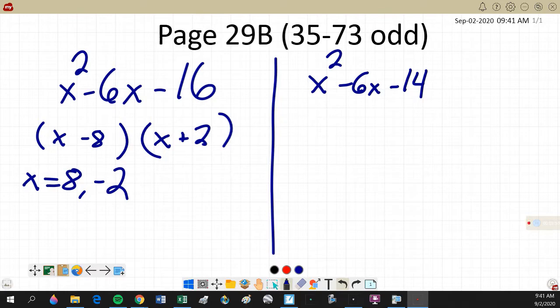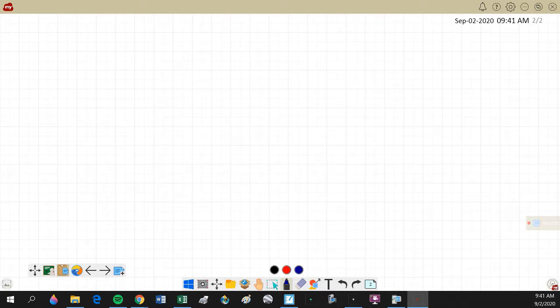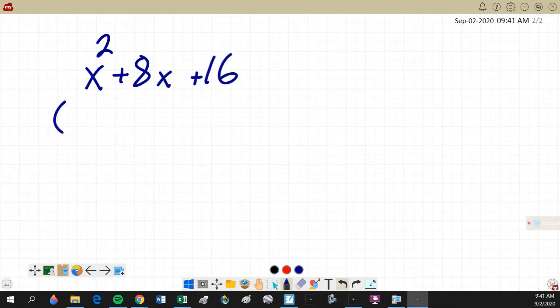So what do we do? Well, there is this interesting little type of quadratics that we deal with. So if I had x squared, let's do plus 8x and plus 16. How does that factor?